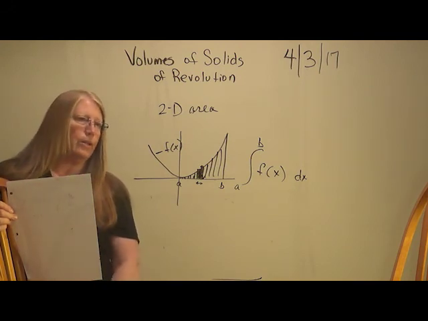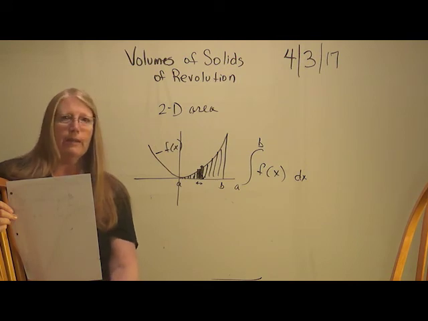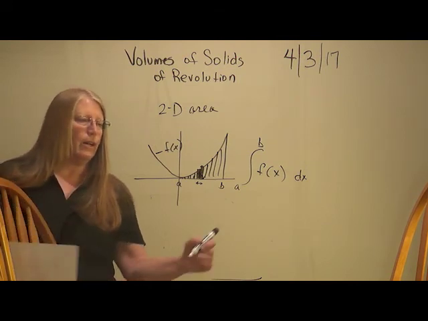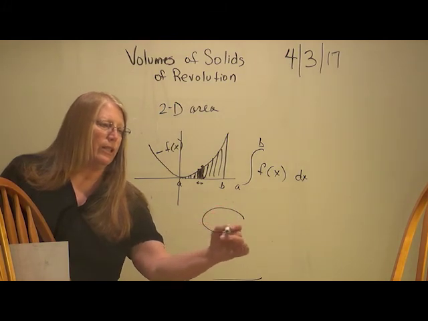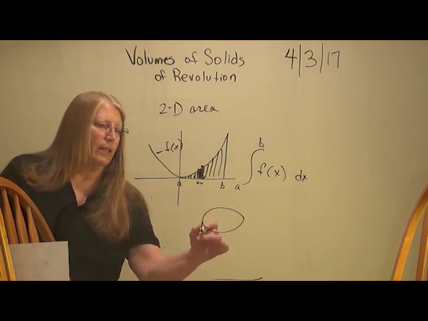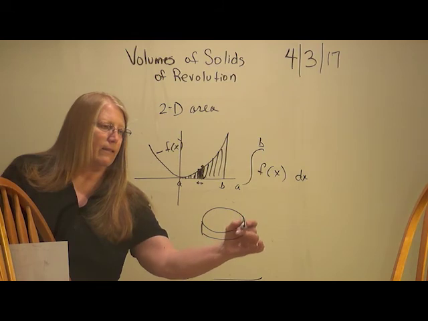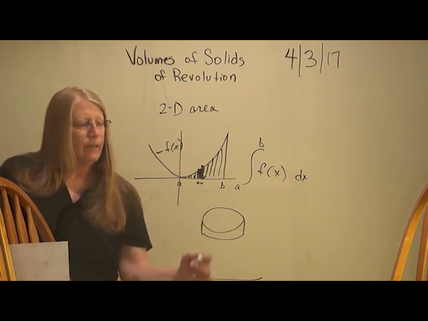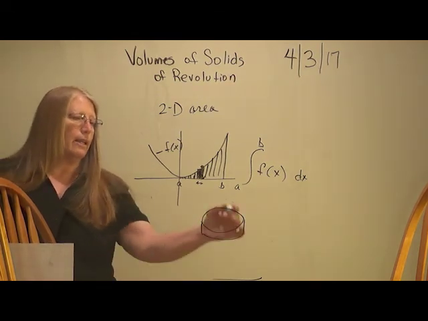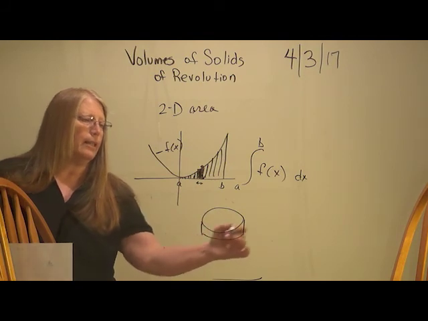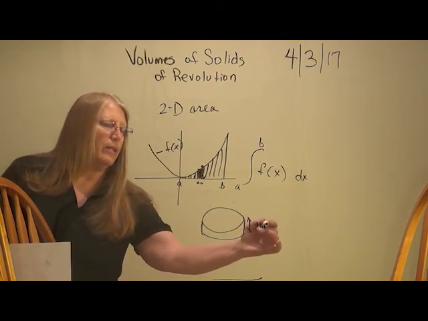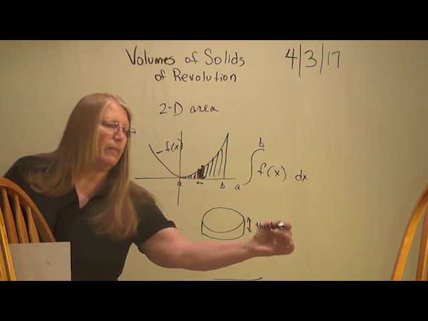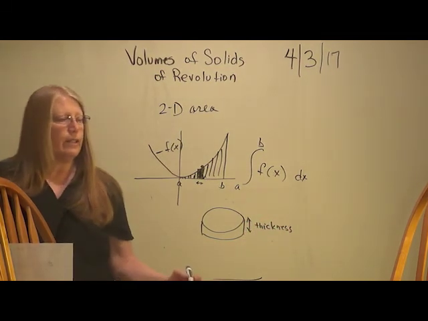Also, before I go on, I want to recall from geometry, if you had a circular cylinder, like this. So the cylinder has a circular base, and this is the thickness, we could call it the height or the depth, the thickness of the cylinder.